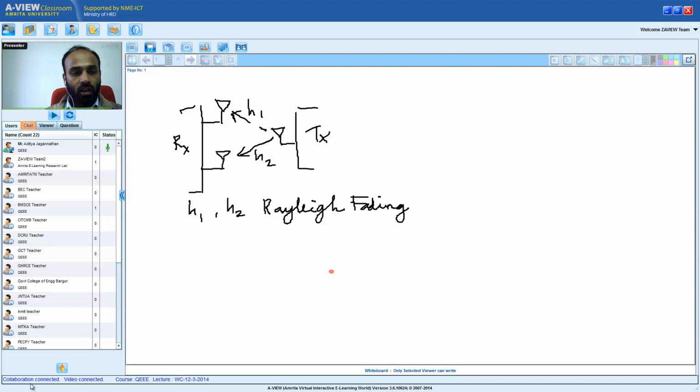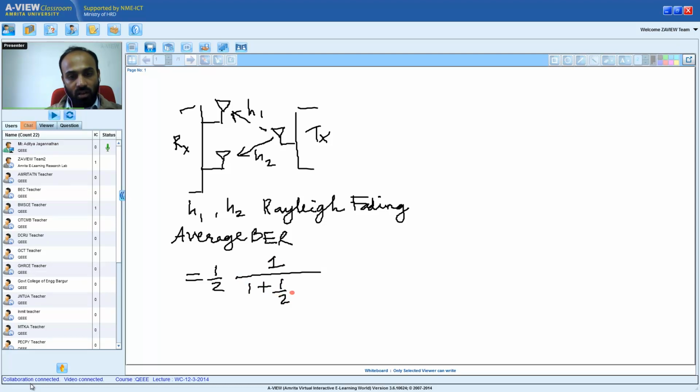And therefore we derived the probability of bit error for BPSK communication. The average bit error rate for this communication system equals half times (1 over 1 plus half SNR) the whole square, where SNR equals P over sigma square. I hope everyone remembers this.